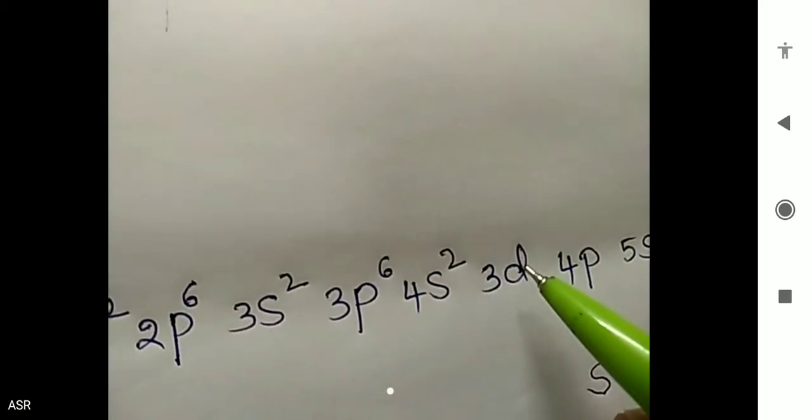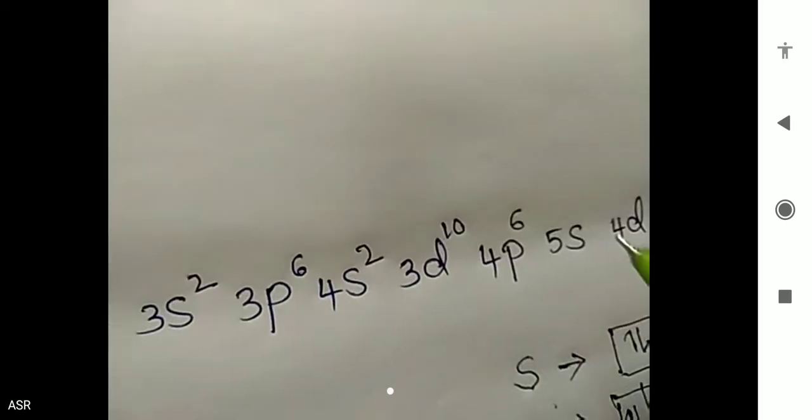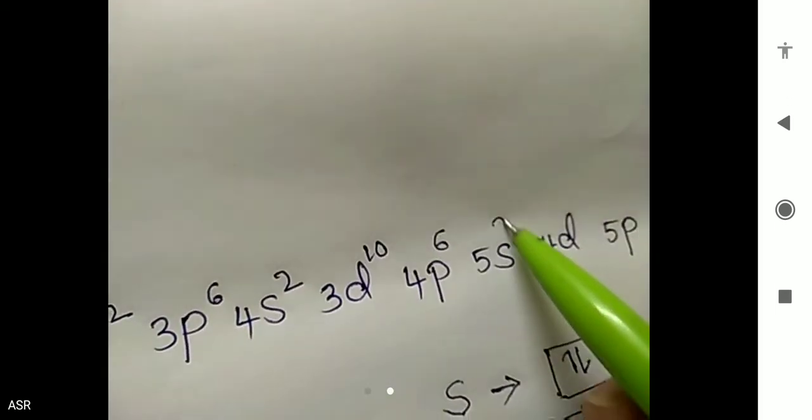D, children, generally you have seen here 10 electrons can be possible here. So you will write here 10. So P again 6 you will write. S is 2. D how many children? We have seen here D 10 electrons can be accommodated. So you will write here 10. P again 6. S is 2.